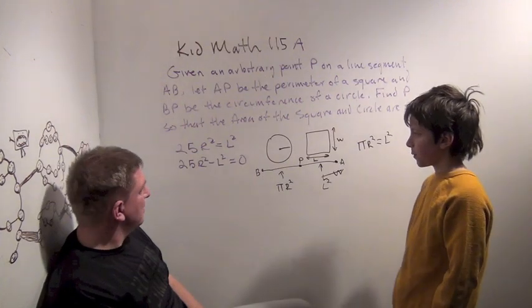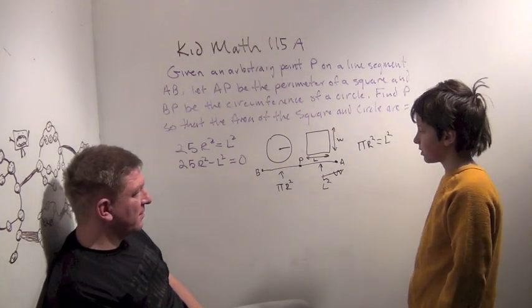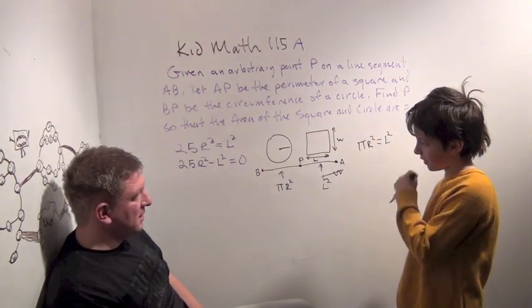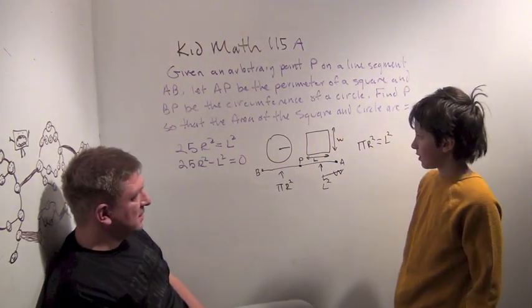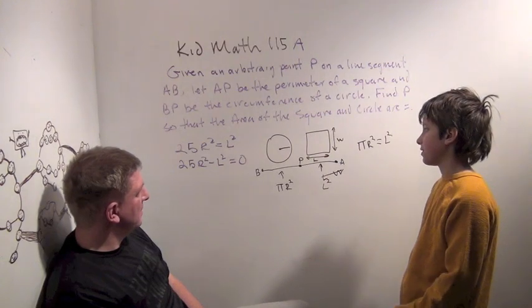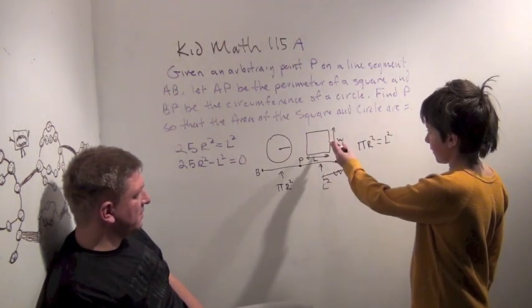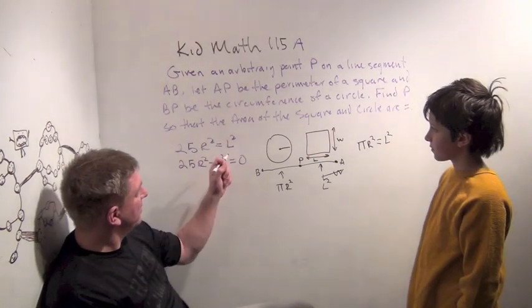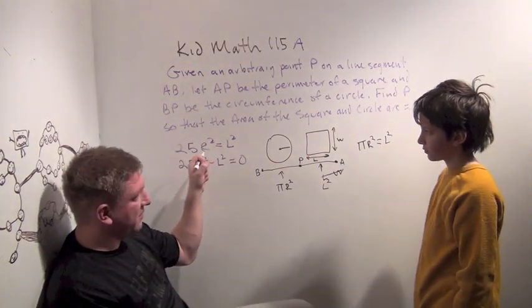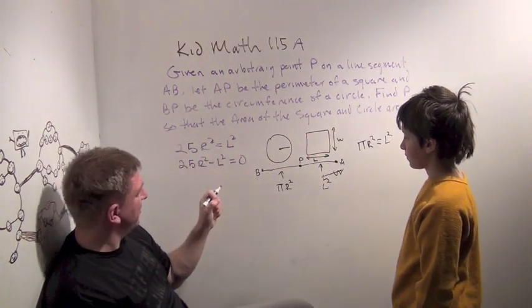The problem is we have two variables. We need to find out what one of them is. If we can find out what one of them is, we can plug it in and find out what the area would be. So we'd like to find out what one of these variables is in terms of the other one.